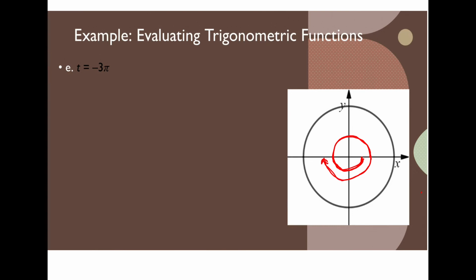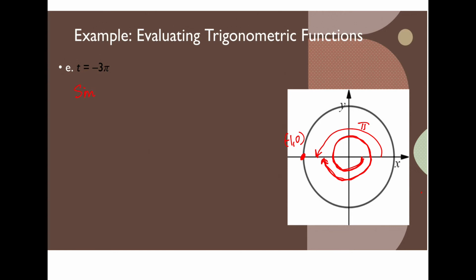So that takes us here on the unit circle, which is right here. So -1, 0. And so these are going to be the same results that I had for pi, which went from here to here. The exact same trigonometric functions.